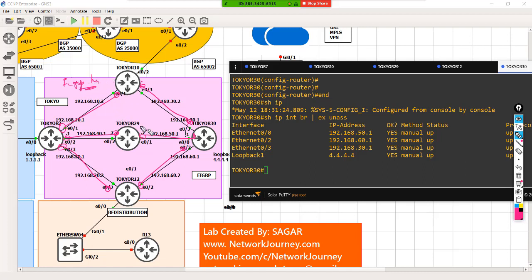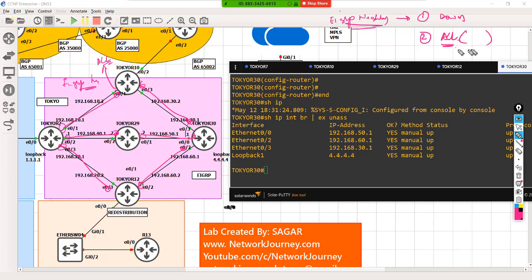Now since I'm telling this point, there are a few times your EIGRP neighbors will not come up. The reason could be your interface was down, or your neighbor interface was down. Due to that, EIGRP neighborship will not come up. Let's say there was some ACL, access list, put up here.